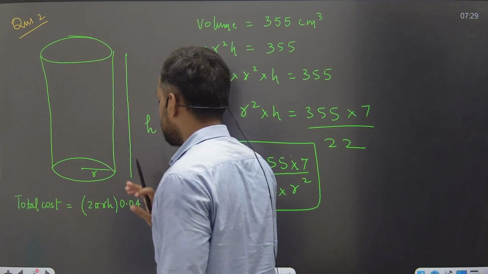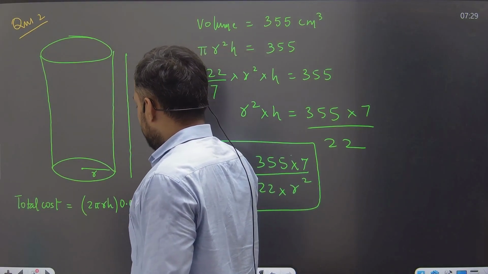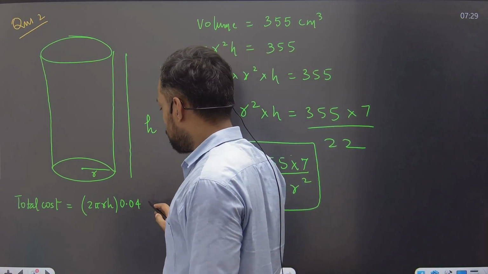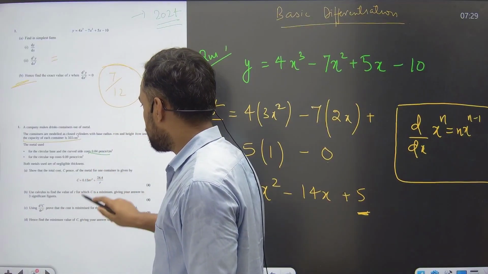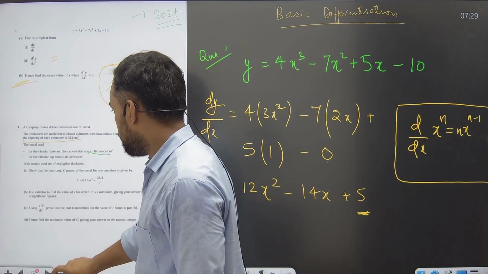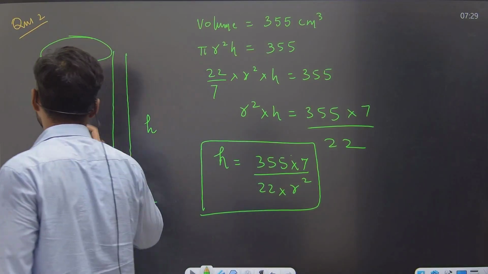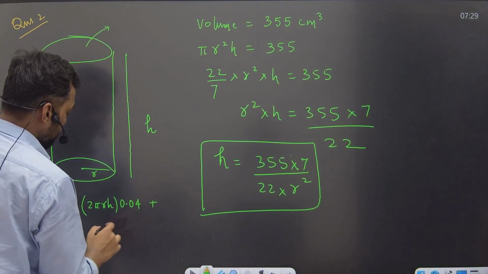To cover this particular cylinder, the curved surface area has the cost required as 0.04, plus similarly one of the bases. According to the question, one of the bases has 0.04. Let's say this base, what is the area of this base? That is pi r square.